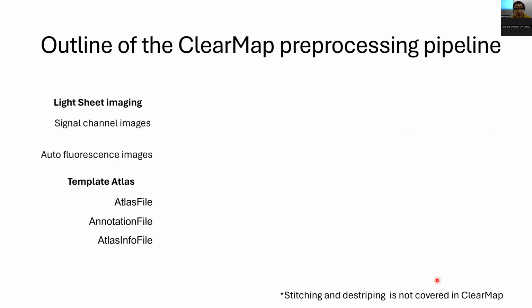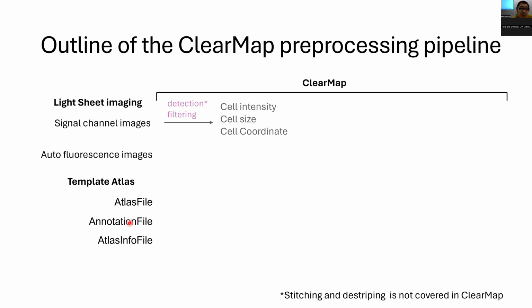So the outline of the ClearMap preprocessing pipeline will look like this. You will start from this type of data. You will have the images that came out from the lightsheet microscope: the signal channel images and the autofluorescence images. And you will have these template atlas files that I was just talking about. ClearMap can first do the cell detection. It will use all the signal channel images because that is where the signals are.